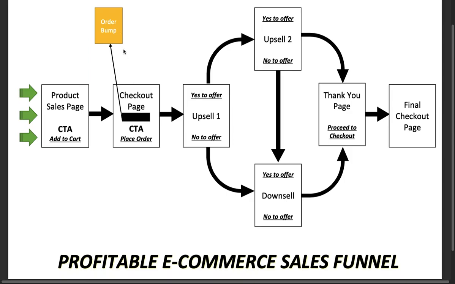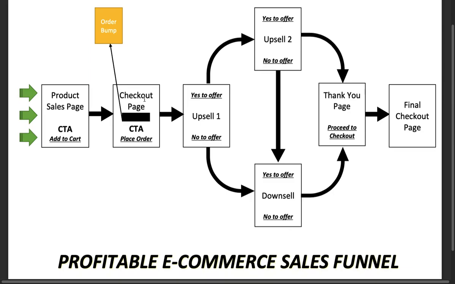Now, as I was saying, this order bump would be on the checkout page where the customer would see an offer you are presenting them that they could add to their initial purchase. So if they're interested, they click on it, and the particular item or the particular offer is automatically added to their initial order.